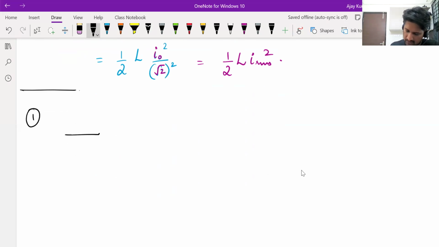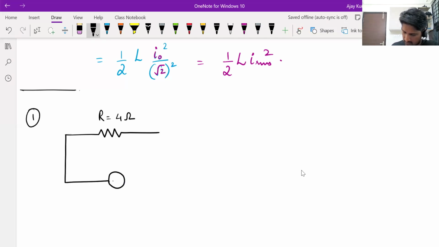Okay, suppose there is a resistance of 4 ohms. An alternating EMF is connected. Wait, I'll change the equation a little bit.